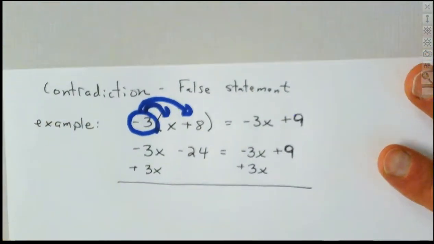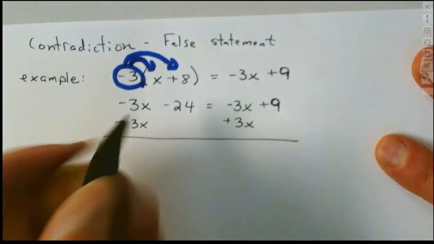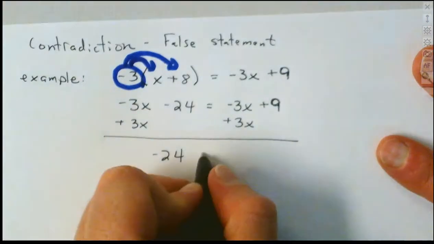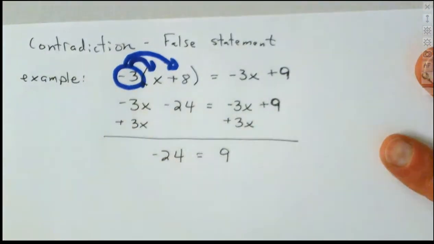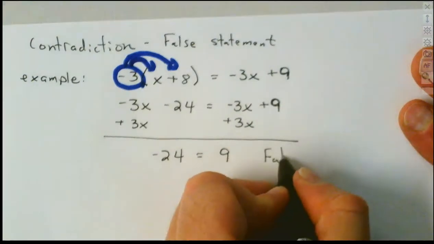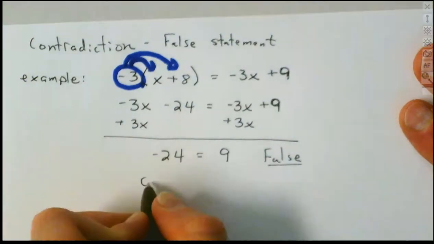They cancel out. So look at what we're left with now. We're left with minus 24 equals 9. And does minus 24 equal 9? No, it doesn't make sense, does it? So this is false. Minus 24 does not equal 9, so that's a false statement. So this is called a contradiction.